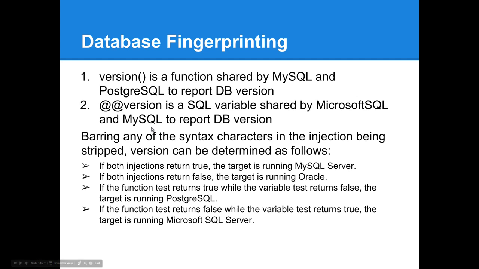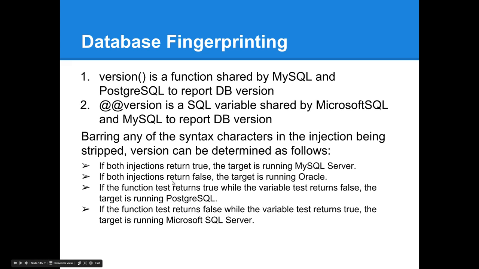And this combination of features allows you to precisely fingerprint whether or not something is MySQL, PostgreSQL, Microsoft SQL, and finally, the third point I should have put is that Oracle supports neither of these. So if neither of these features work, then it is Oracle.